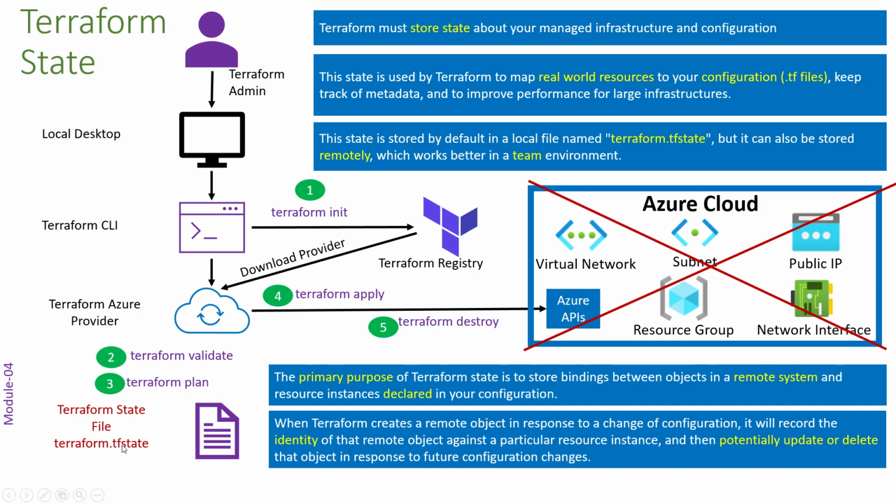During the destroy, one more file, terraform.txt.backup, is created. It is the same copy of your existing state, moved to the backup, so that if anything goes wrong in future, you can check it.